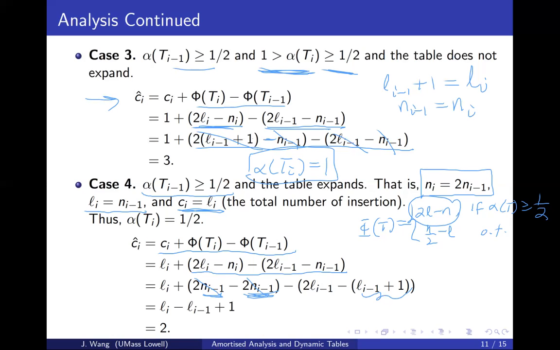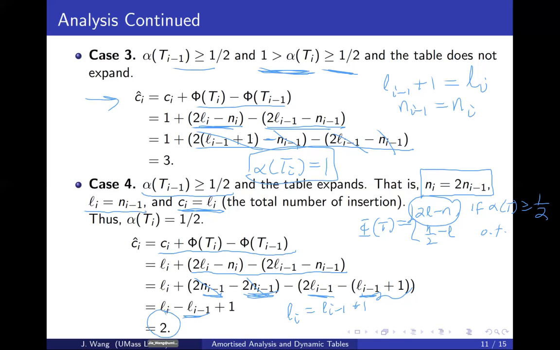So this 2 times this minus the 1 copy left, and then minus 1 plus 1. We know that L sub i is equal to L sub i minus 1 plus 1, so L sub i minus L sub i minus 1 is equal to 1. 1 plus 1 is equal to 2.